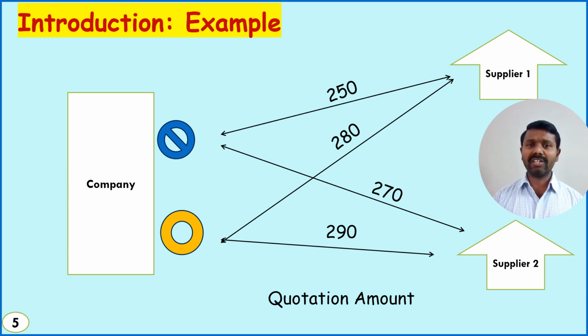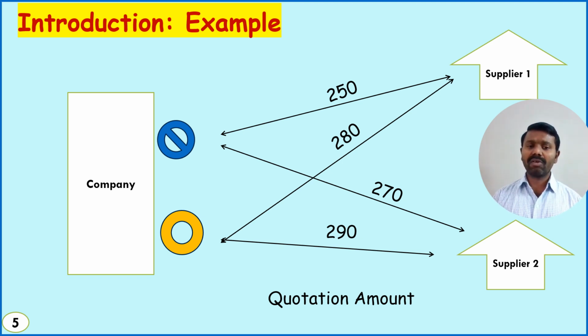Out of all quotations, you will see which one is the cheapest. The 250 rupees is the cheapest one, that is from supplier 1, so you will purchase that. And for product 2, even though the cost is less at supplier 1, because you can't purchase product 2 also from supplier 1, you will go with the second supplier even though it is costing a little higher. In that way you will be minimizing the cost of the purchase.